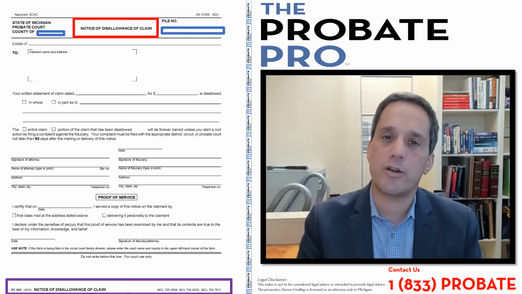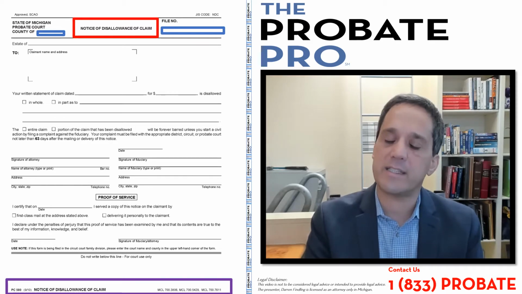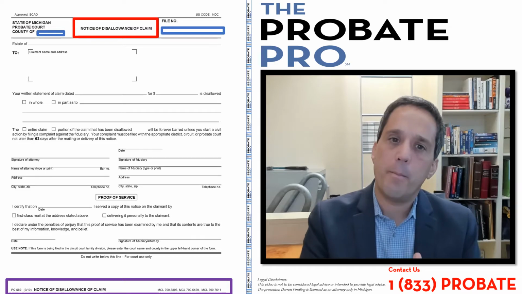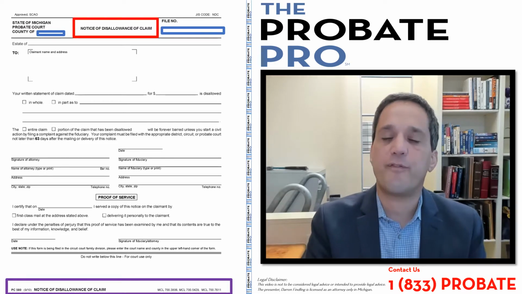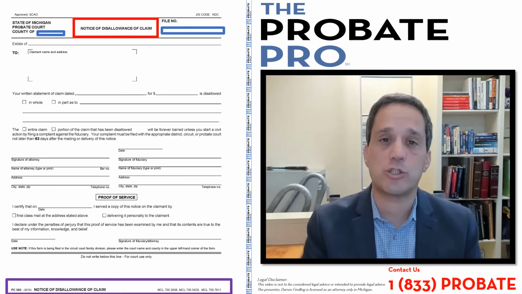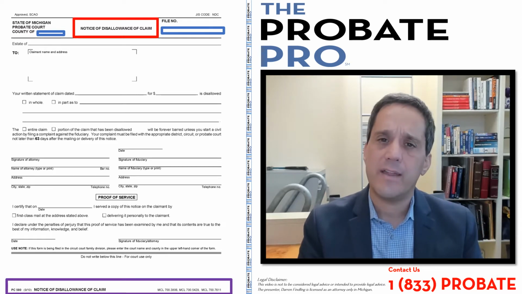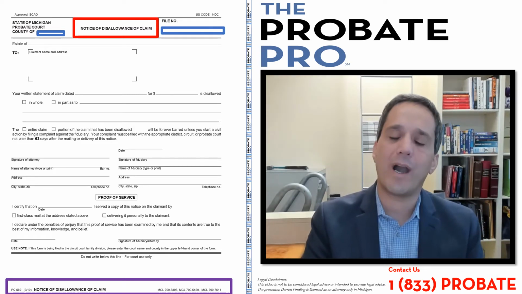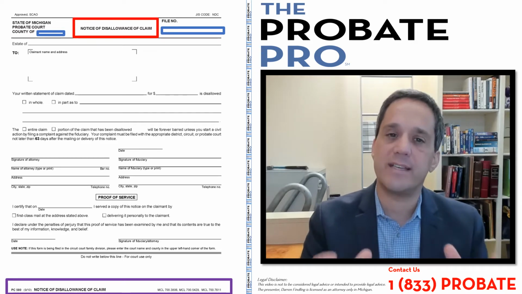But those creditors are going to send proofs of claim, another form that is explained in another video through YouTube. You can check it out. But once that has occurred, these creditors are submitting claims. The fiduciary, the personal representative, trustee, guardian, or conservator can say, I allow it, meaning I'm accepting the creditor, we're going to pay it, or I'm going to disallow it. This form is the notice of that disallowance.